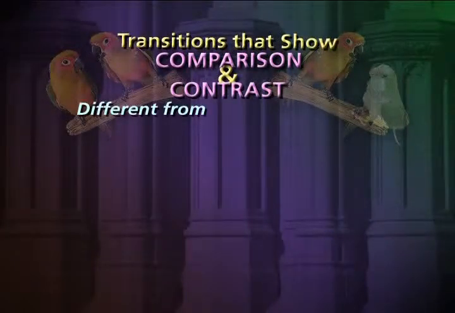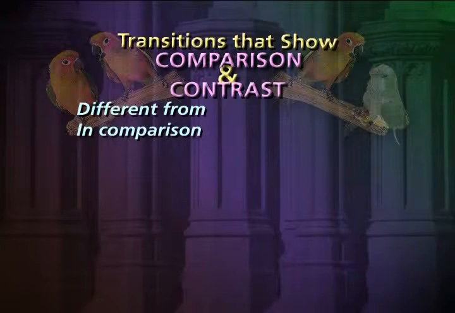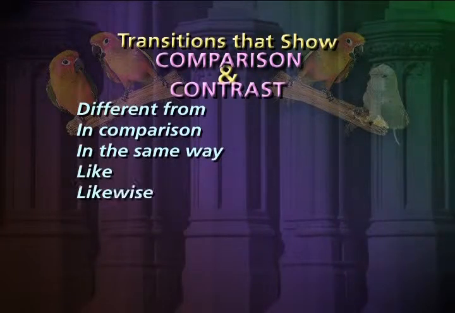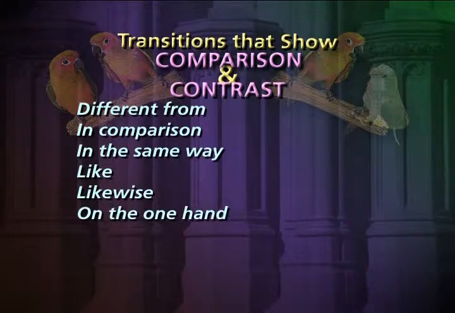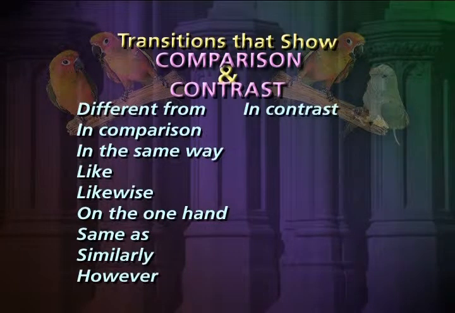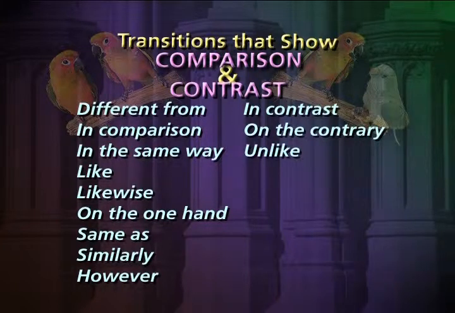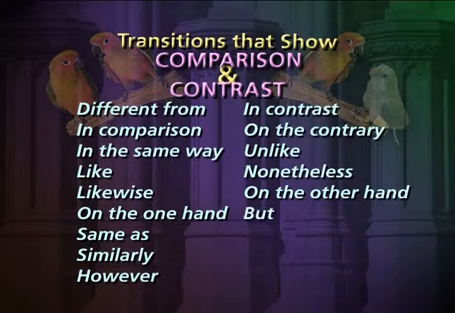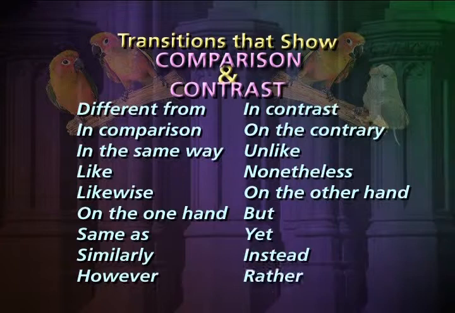These are different from, in comparison, in the same way, like, likewise, on the one hand, same as, similarly, however, in contrast, on the contrary, unlike, nonetheless, on the other hand, but, yet, instead, and rather.